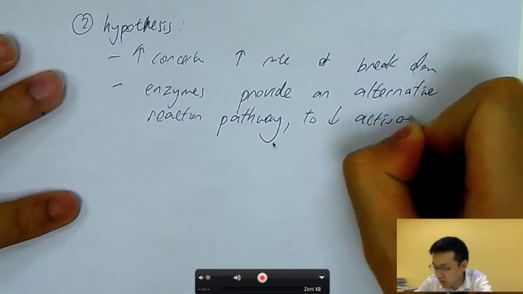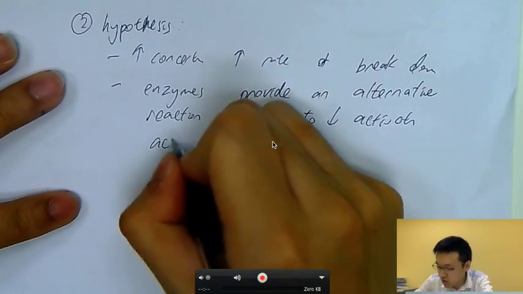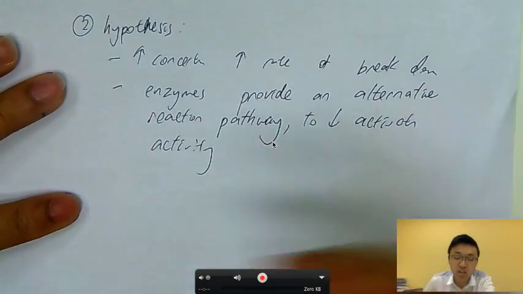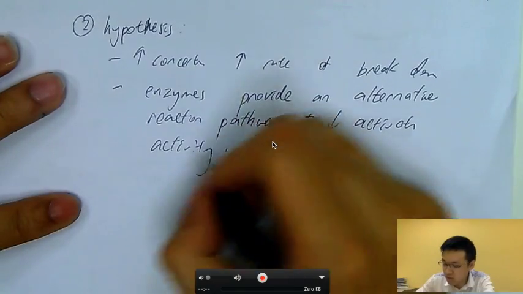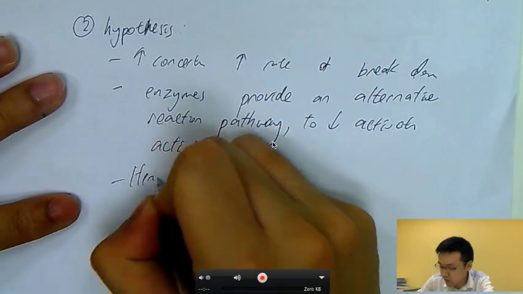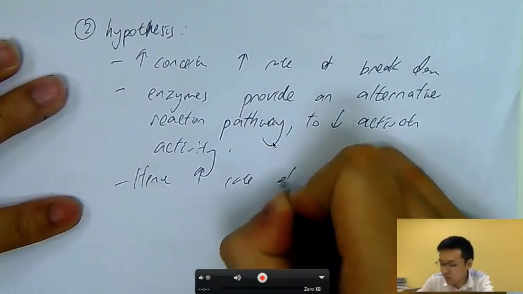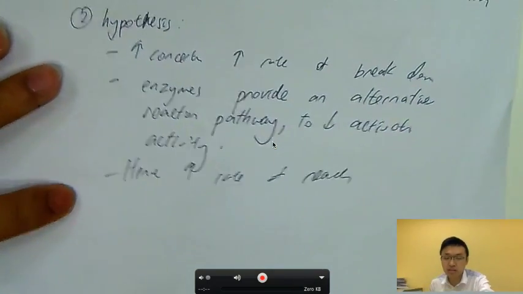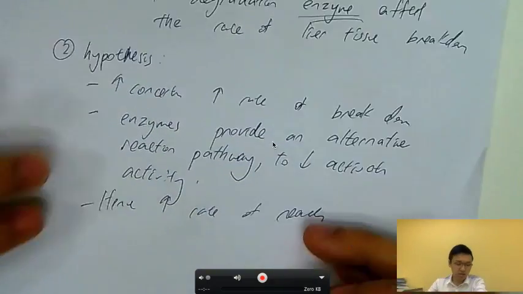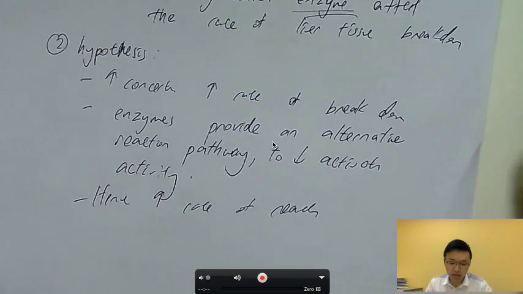Activation energy is a scientific term for the activation energy of a reaction. The lower the activation energy, the higher the rate of reaction. So hence, increased rate of reaction.